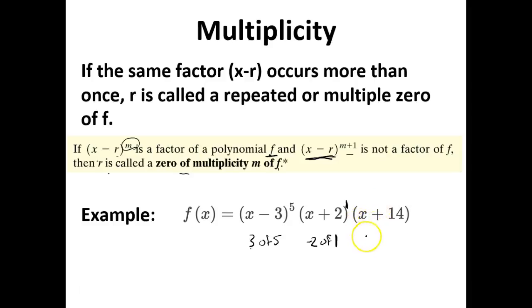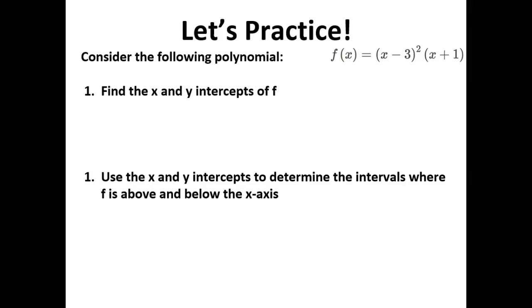Right here, negative 14 would make that 0. Negative 14 is a multiplicity of 1. And all those things are going to help us figure out what exactly is going on when we see polynomial functions.